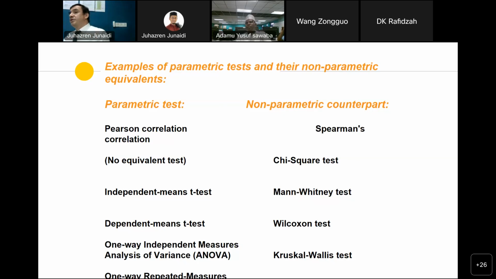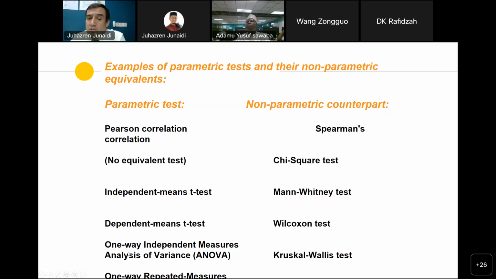If you measure two separate things of the same sample and compare them, like the achievement in math and the achievement in science classes, okay? You compare those for the same group. This is the dependent means t-test, and the Wilcoxon signed rank test is going to be used if you want to have a non-parametric counterpart.